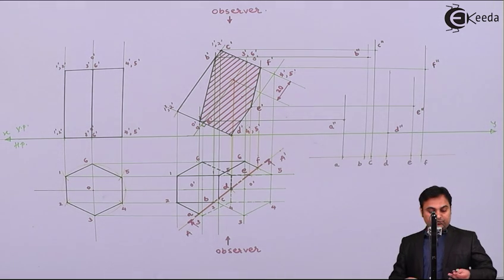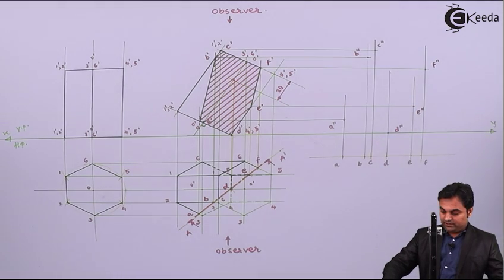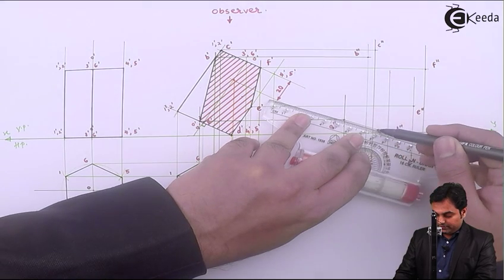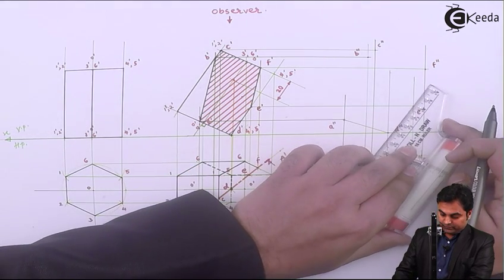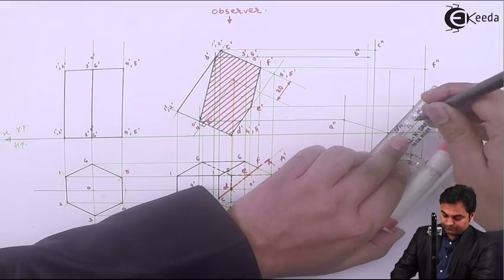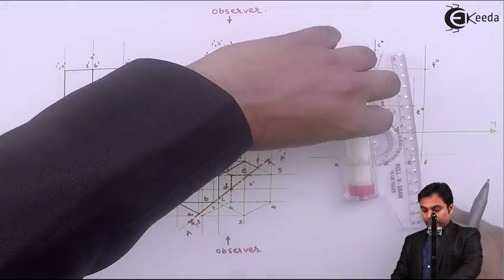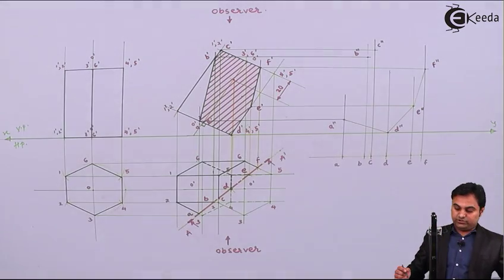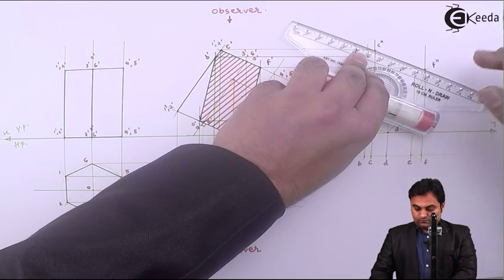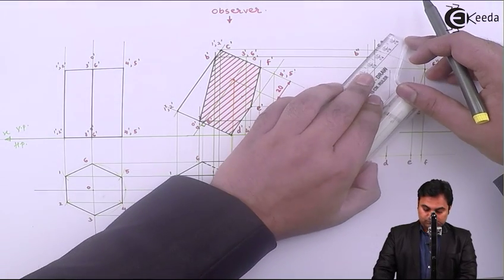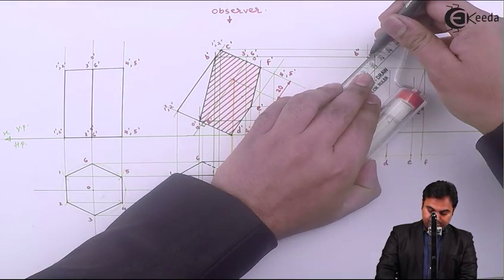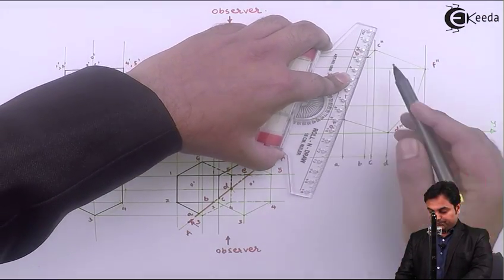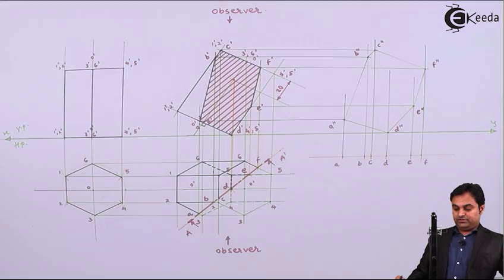Then joining them in proper sequence, first with the help of light line, A to D, D to E, E to F, F to C, B to C, and A to B. So this is the true shape.